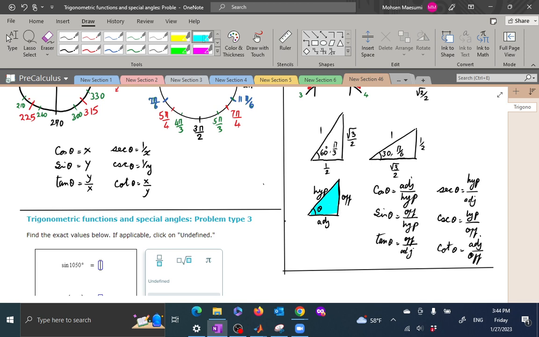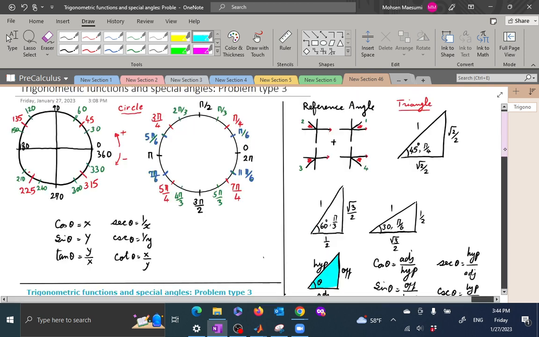For cosine, you have adjacent over hypotenuse. For sine, opposite over hypotenuse. Tangent is opposite over adjacent. Secant is the reciprocal of cosine, hypotenuse over adjacent. Cosecant is hypotenuse over opposite. Cotangent is adjacent over opposite.